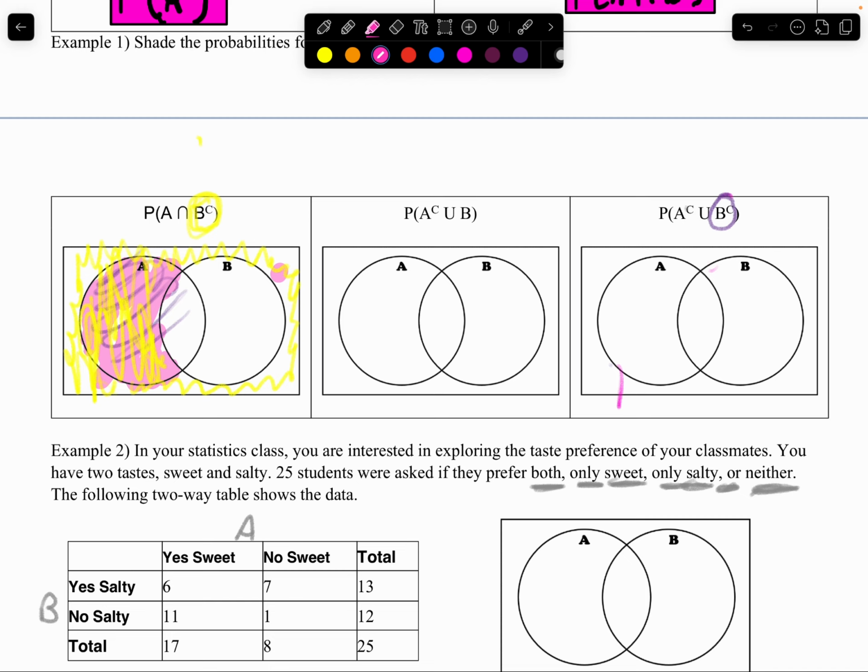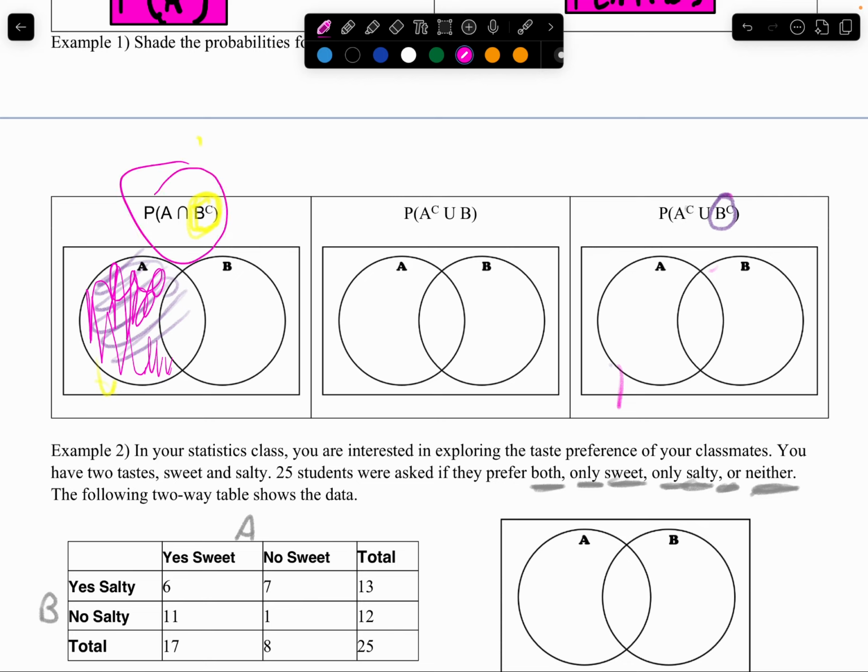So in effect, we could erase all the other stuff except for what's right there. That is what we want. That is A and not B.